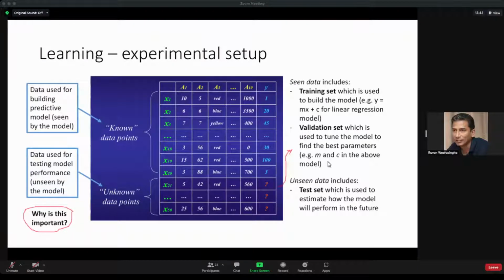So that's why we take some portion of this unseen data and we call it a validation set, and we use it for model tuning. By the way, some people call this the validation set. We train using this part, and try to get an idea how good our model is, and we keep training.